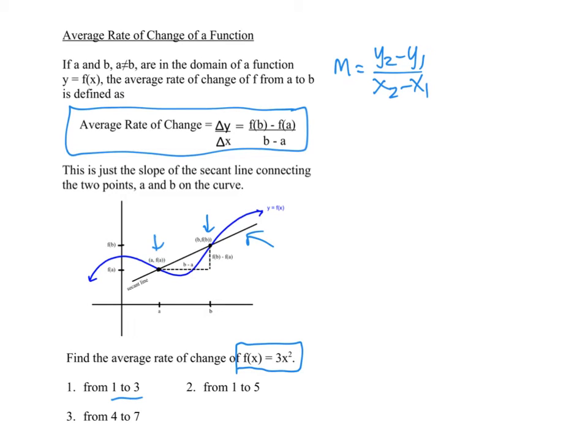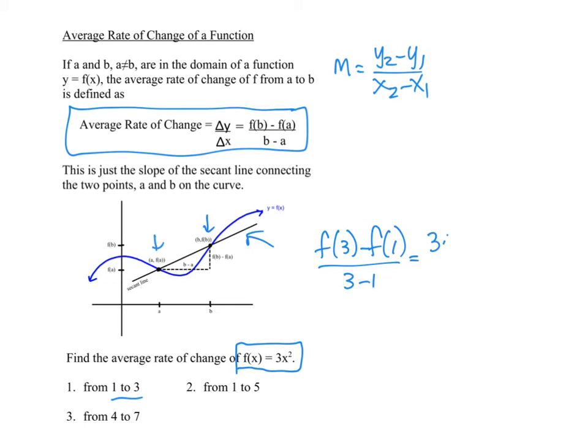So if I want to do the average rate of change for f of x equals 3x squared from 1 to 3, I need to find f of 3 minus f of 1 divided by 3 minus 1. So the output of the 3 minus the output of the 1 divided by 3 minus 1, my inputs. So let's go ahead and do that.